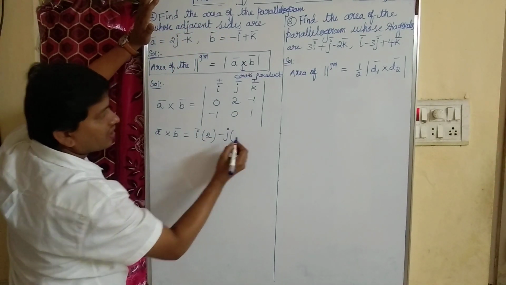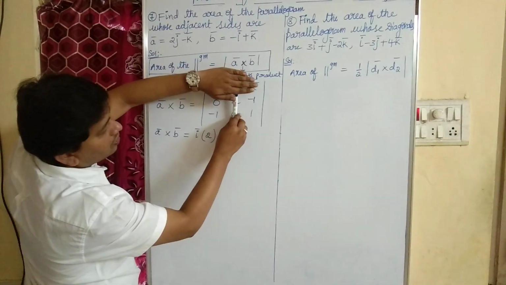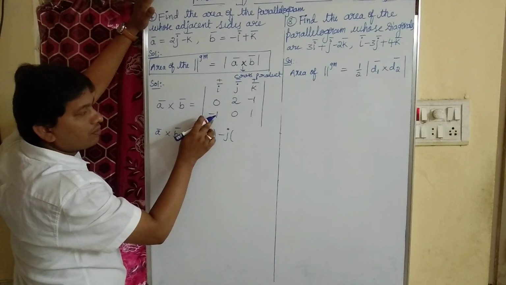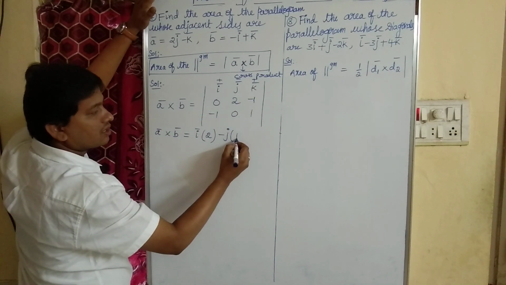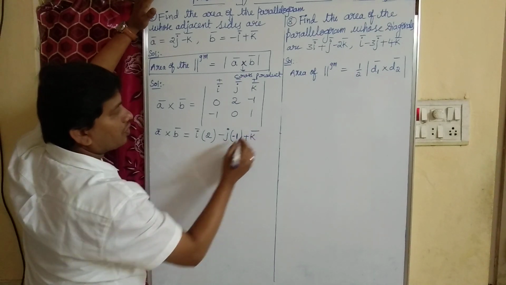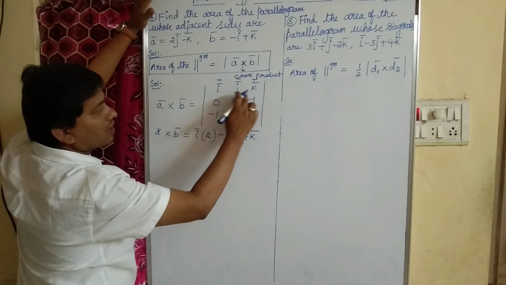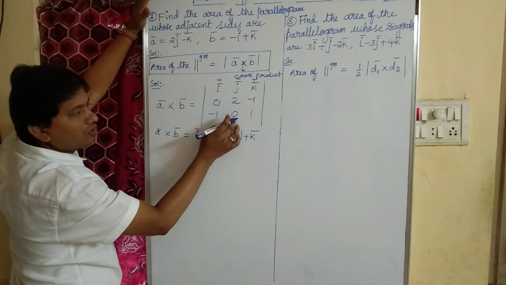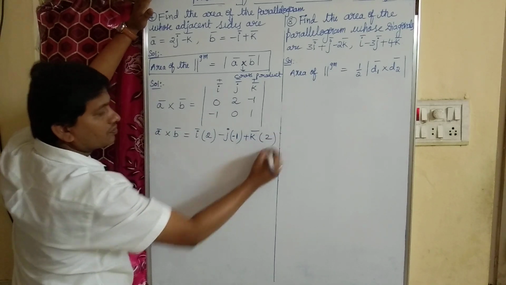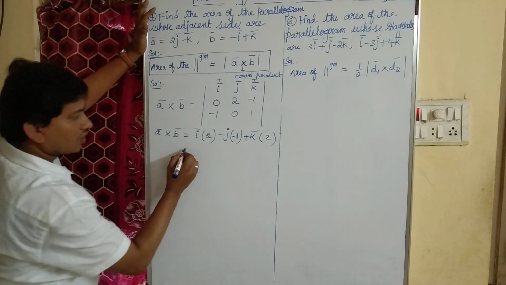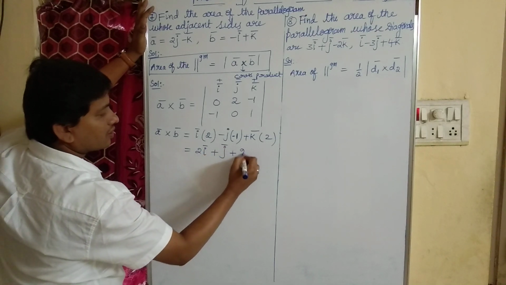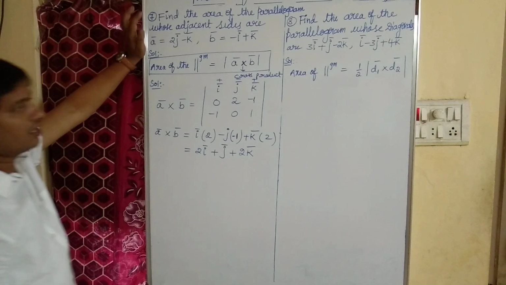Minus j bar into, leaving the corresponding row and column, 0 into 1 is 0, minus into minus, plus, plus into minus, minus 1. Plus k bar into, leaving the corresponding row and column, 0 into 0 is 0, minus into minus, plus, 1 into 2 is 2. So 2i bar plus j bar plus 2k bar. This is our cross product.